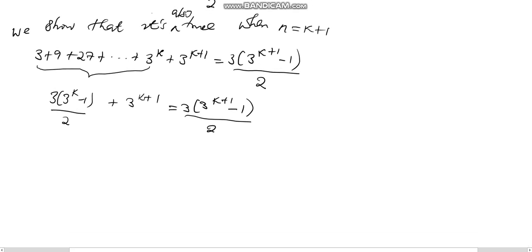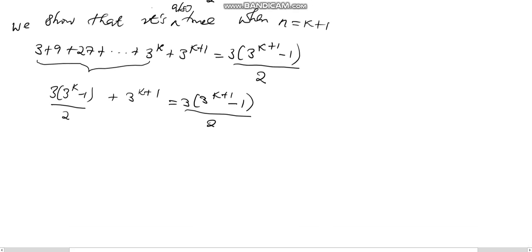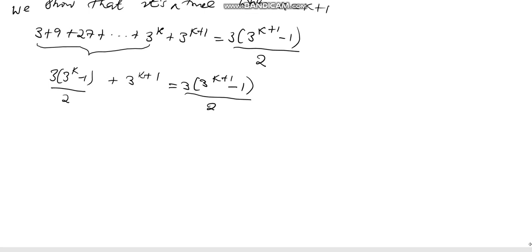So let's go ahead and simplify the expression that we have. So here this here will give us 3 to the power k plus 1 minus 3.